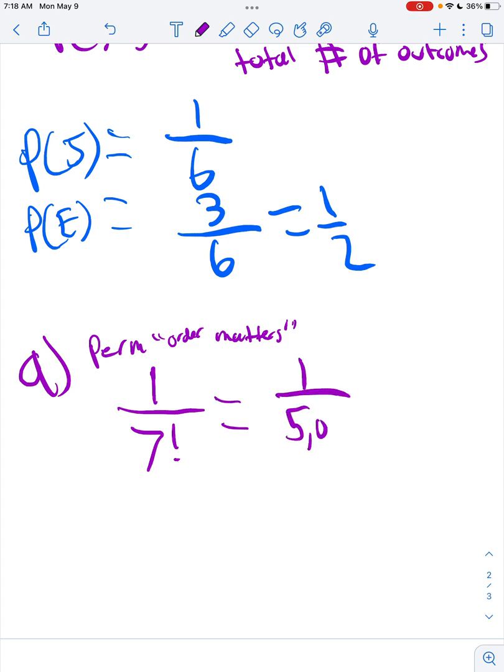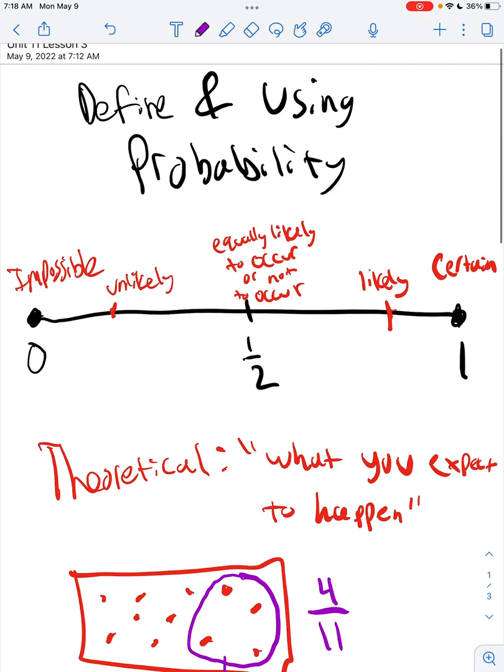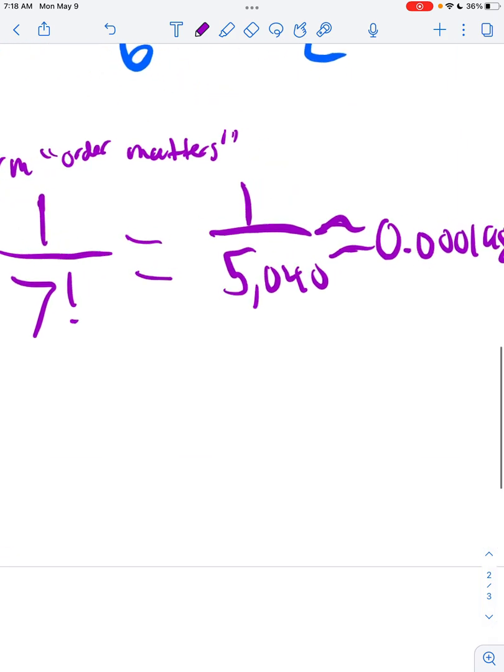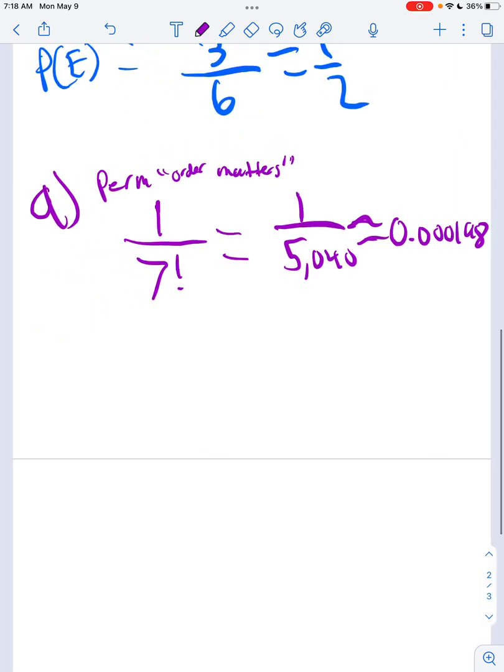So if I figure out what 7 factorial is, that gives me 1 over 5,040, which is about 0.000198. So if we went back up here, I would say that this is a very unlikely possibility, but it's not impossible.